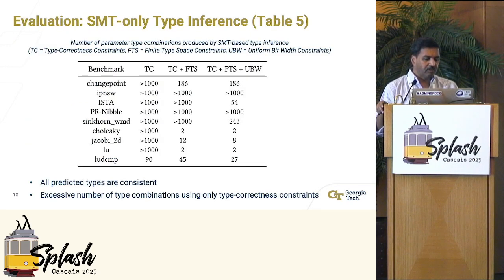And the table shows that if we just let the SMT solver predict the plausible types, we will get a large number. That's the TC column. But if we add the finite type space constraints, we reduce it a bit. And if we add uniform bit width, we still reduce the space. But there's still some cases where it's very large.